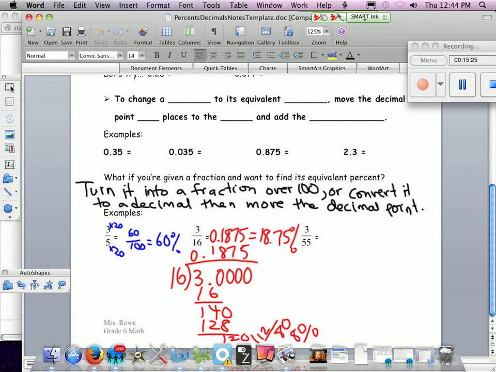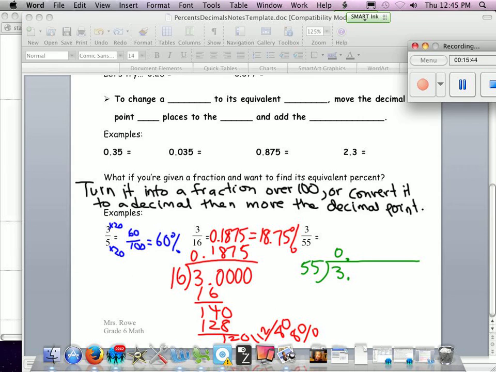All right, the next one, 3 divided by 55. Again, in real life, I'm probably going to bust out a calculator. In math class, we're going to practice the long division for a little bit. So it is going to repeat.